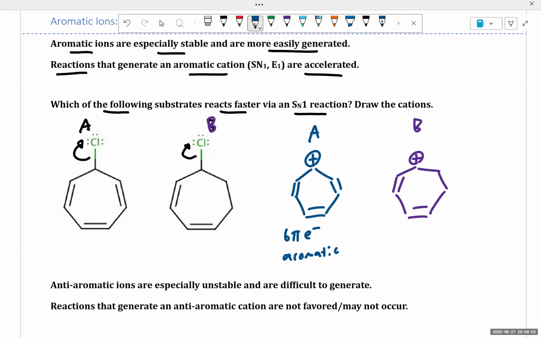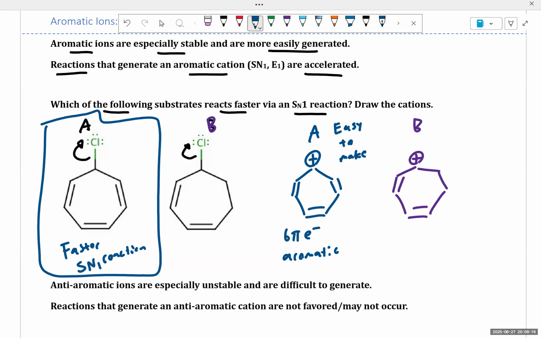So because cation A is easy to make, compound A will have a faster SN1 reaction. So it's easy to make aromatic ions. That's the key point.